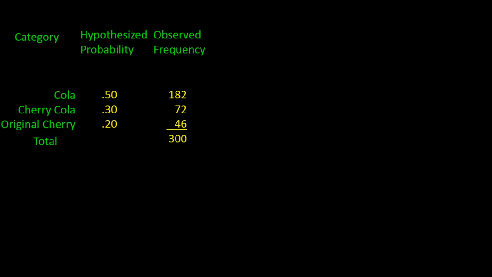Our next column will be for the expected frequencies. So if the hypothesized proportions of 0.5, 0.3, and 0.2 are true, then we would expect that from a sample of 300 customers, 150 would purchase cola, 90 would purchase cherry cola, and 60 would purchase the original cherry flavor.